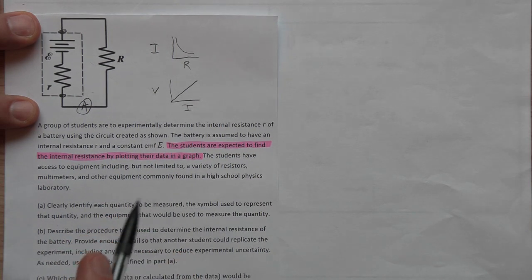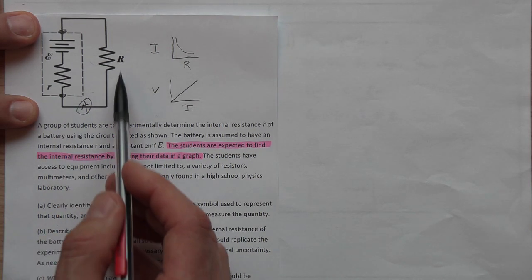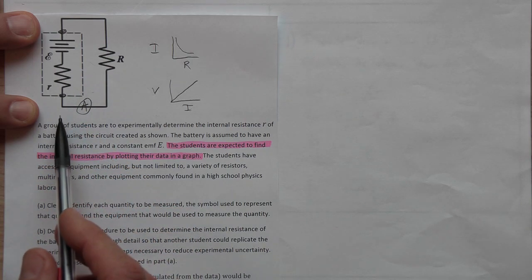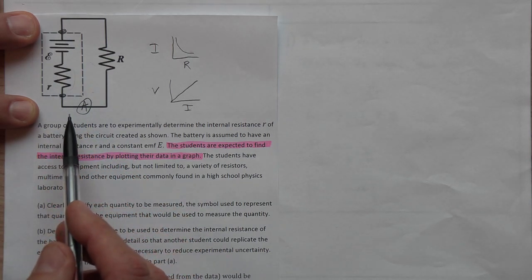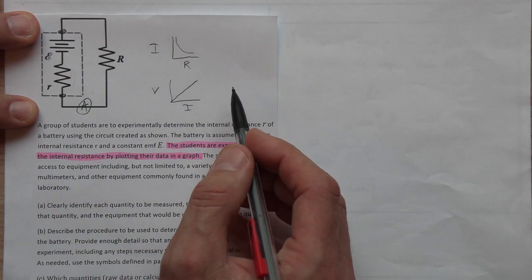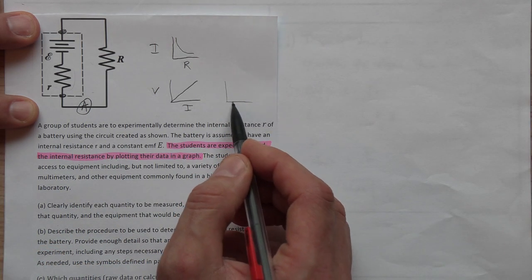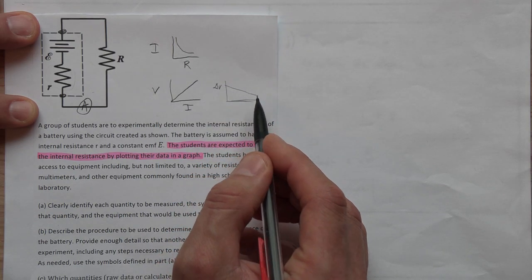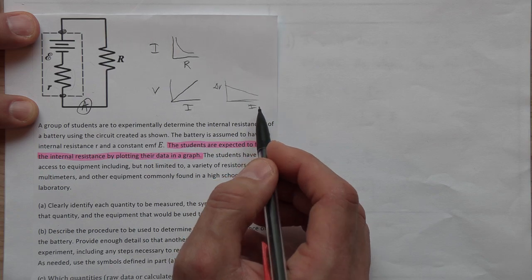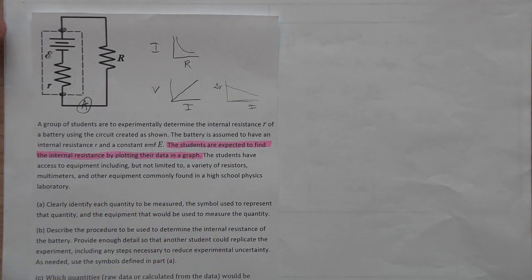What I'll see is that as the current increases, the terminal voltage of the battery decreases because of this internal resistance. So the terminal voltage, this is delta V of the battery, will actually drop like this as a function of current. I don't know if you remember that, but that's basically what we're going to do with the terminal voltage of the battery.